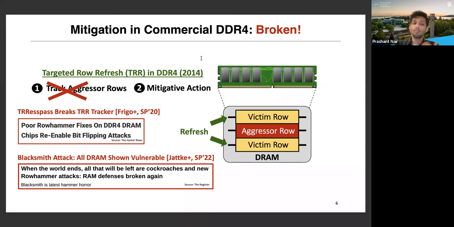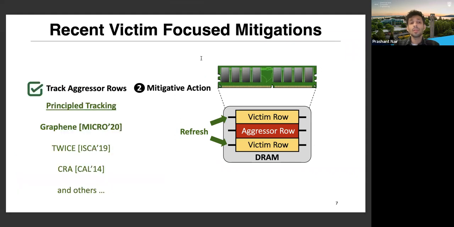Since the tracker itself is broken, we can replace the TRR tracker with some better tracker. For instance, you can have principled tracking using Graphene, presented in MICRO 2020, TWiCe, CRA, and others. In this paper, in randomized RowSwap, we actually use Graphene trackers.